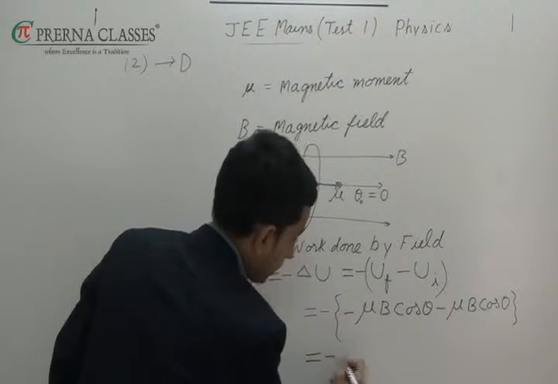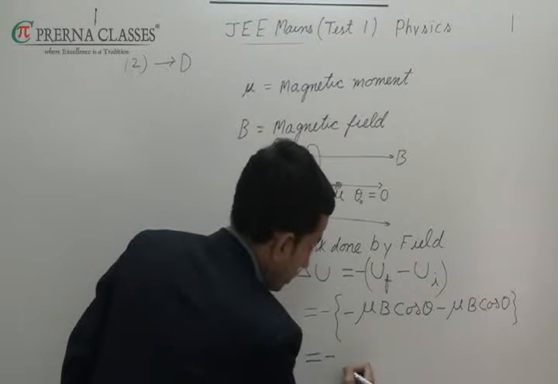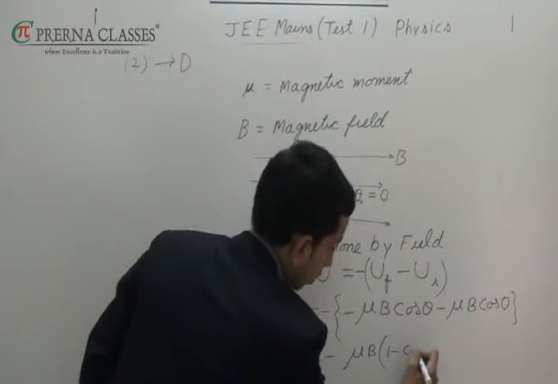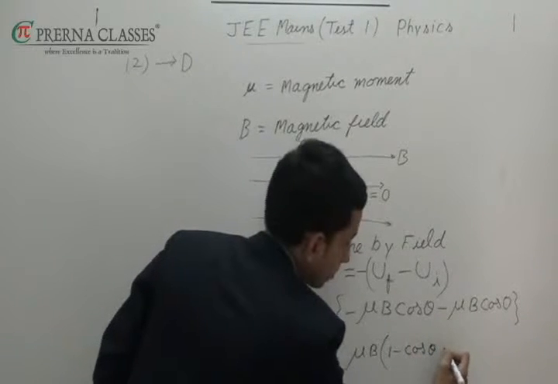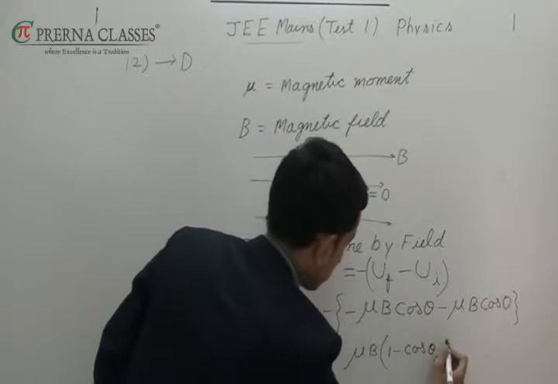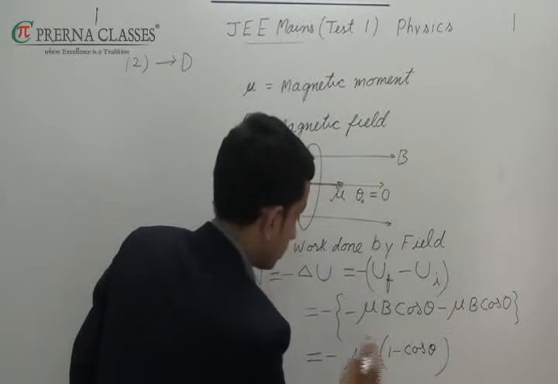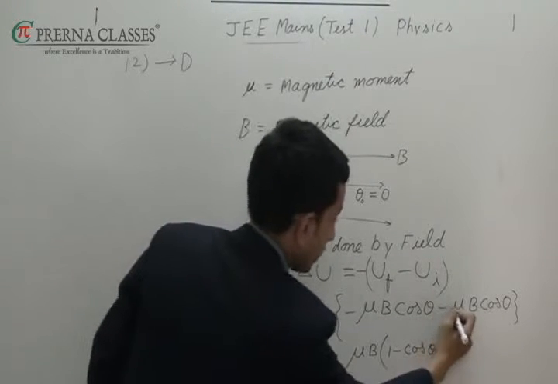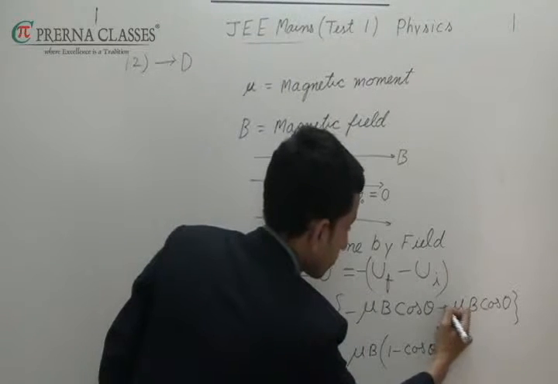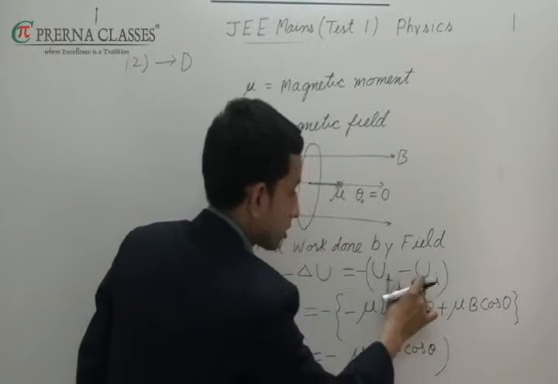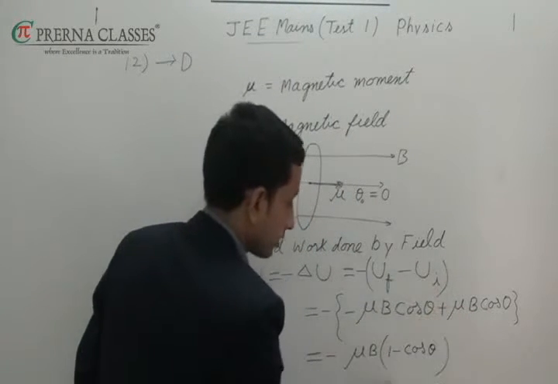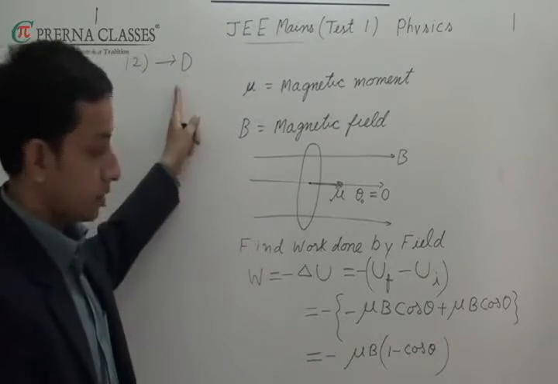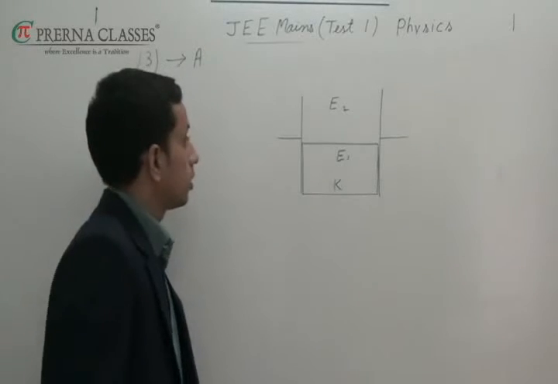So we can take minus mu b common, and here we write cos theta minus 1, or 1 minus cos theta, and finally we get a plus sign because the minus already present and this minus become plus. Our answer will be option D.